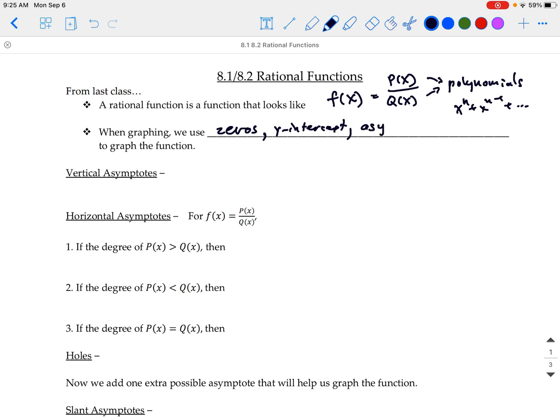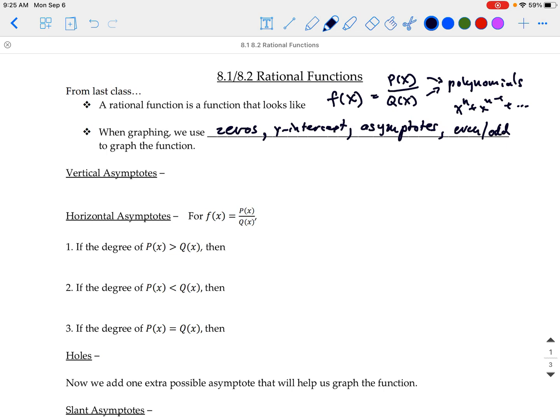And then we're going to use the asymptotes. So zeros, y-intercepts, asymptotes are the basic features that we're going to look at. But we're also going to use symmetry, so even and odd symmetry as well. So we'll start by defining these features and then look at how we can graph them.